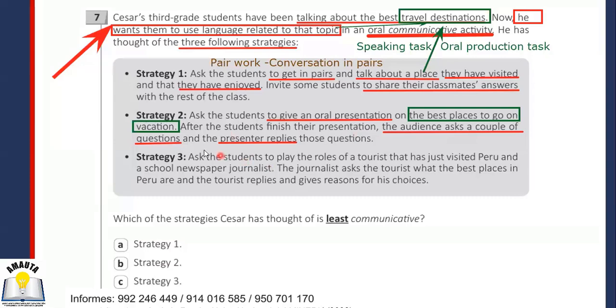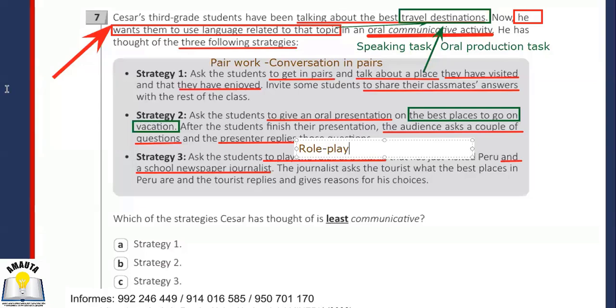Okay. In strategy 3, students participate in a role play, right? Ask the students to play the roles of a tourist, right? And a school newspaper journalist. These are the two roles. This is a role play, right?